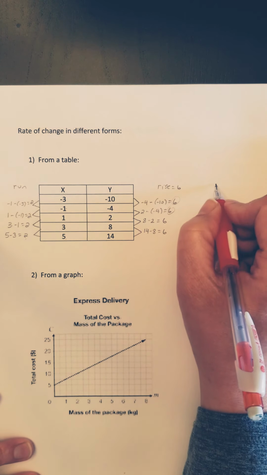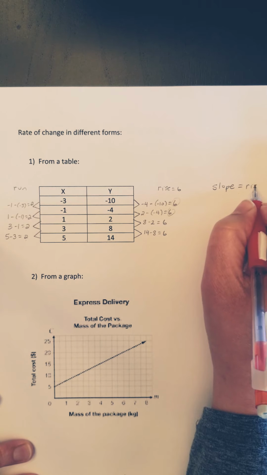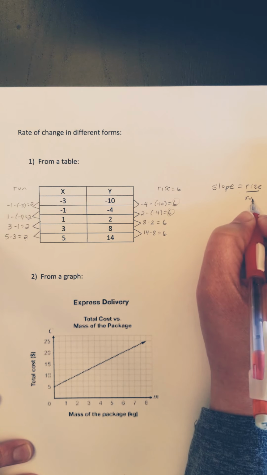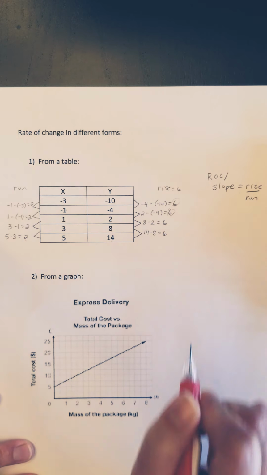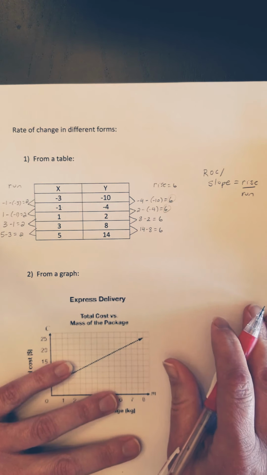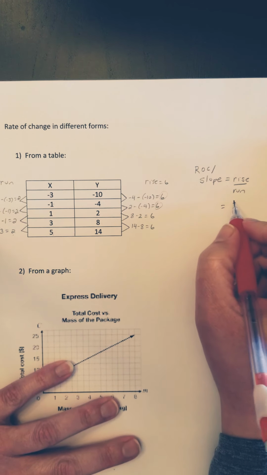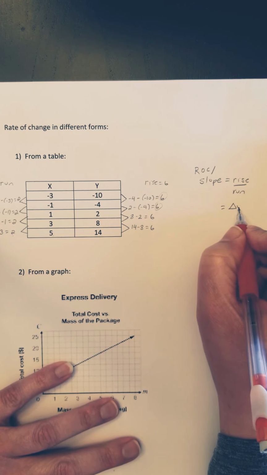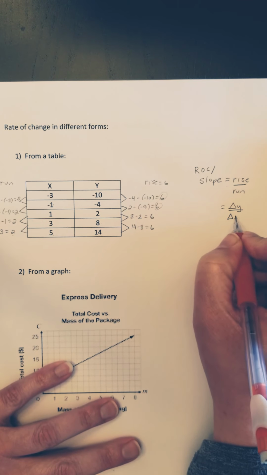So I know slope is equal to rise over run. And you can call that the ROC, or the rate of change as well. That's the same thing. And that's also sometimes called delta y, which is how much the y values are changing, over delta x.